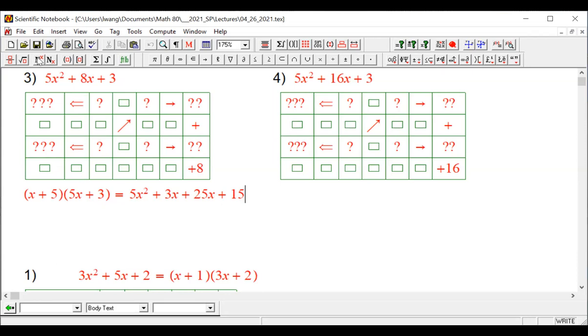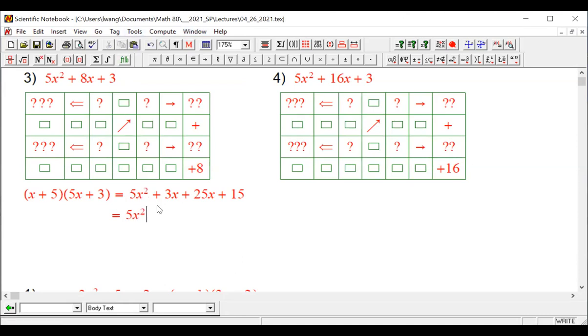Is that what you got? X plus 5 times 5x plus 3. So I'm doing x times 5x, that's 5x squared. X times 3, that's 3x. 5 times 5x, that's 25x. And that's 15. And if I organize the terms, I don't think you got the right answer, guys.